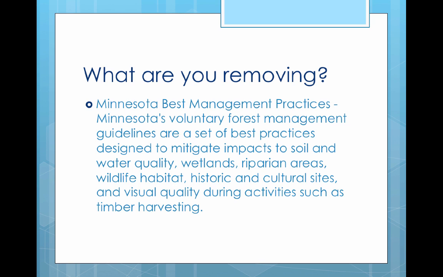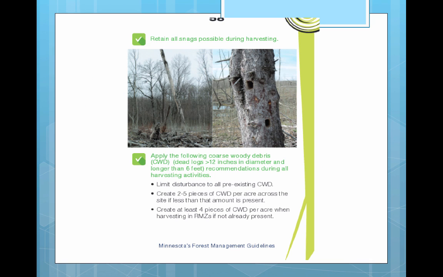So what do the best management practices say about what you should leave or what should go on during a timber harvest? During a timber harvest, they want you to retain all the snags that are possible. You want to retain these because they're important structurally, they're important for wildlife, and they're important visually, aesthetically.